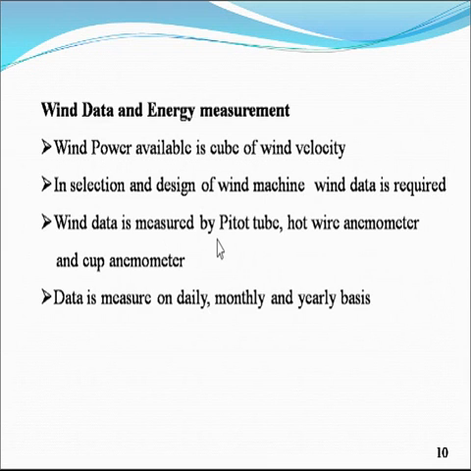Wind data is measured by various instruments, a few being the pitot tube, hot wire anemometer, and cup anemometer, and the data is measured on a daily, monthly, or yearly basis. But for selecting a site, the wind data required is of 1 or 2 or 3 years, which gives an exact idea about the wind availability at that site, which is helpful to select the size and type of wind machine.